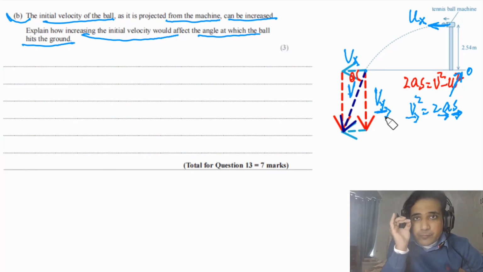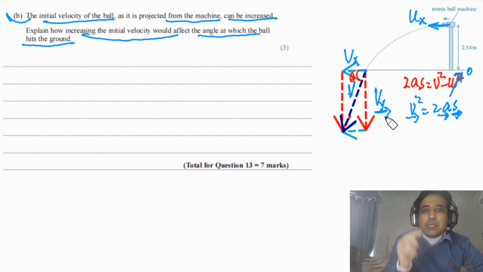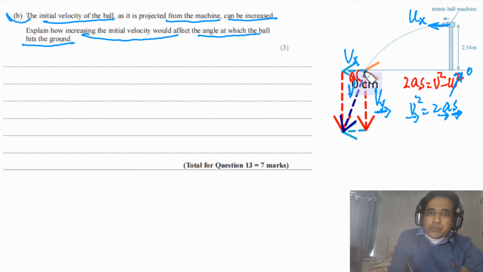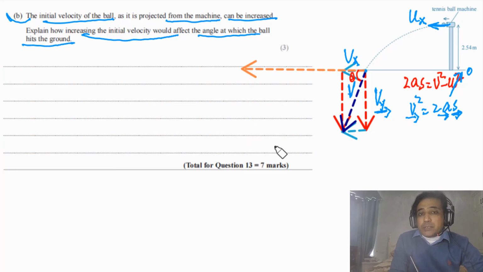So this is the first thing you need to understand. The vertical component of velocity is not changing. Now simply we need to look at the horizontal component of velocity. So if I increase this component, let's make it bigger, if I increase this much, what is the new value of the angle now? So now we can find out the new value of the velocity.